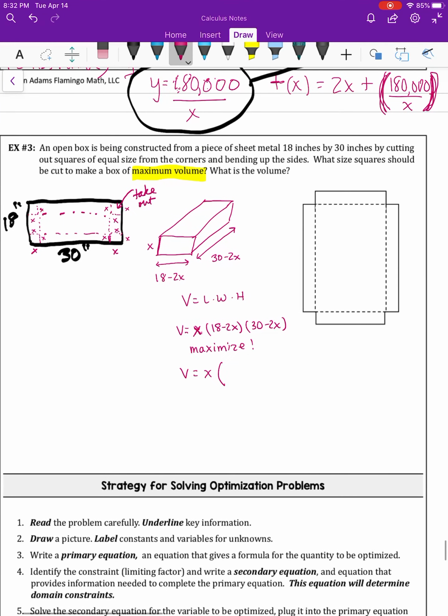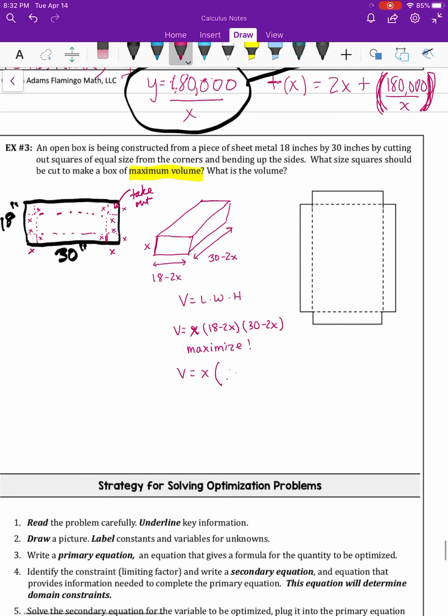So we still have to take the derivative. So what I'm going to do first is just multiply. The first thing I multiply is my 18 times 30, and that's going to give me 540. 18 times negative 2x is negative 36x.